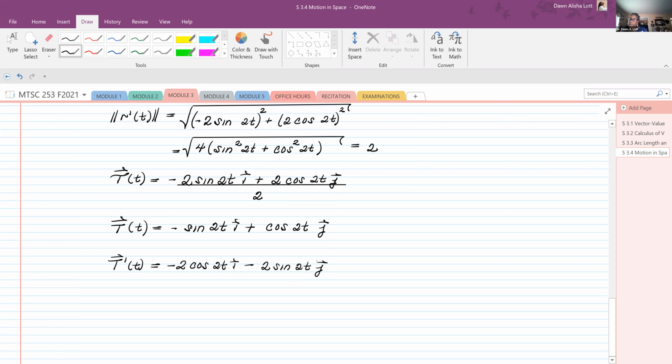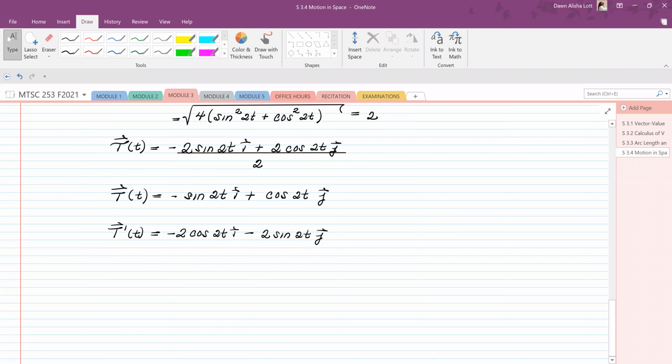Now in order to find kappa, you need T prime of t divided by the length of v of t, or r prime of t.